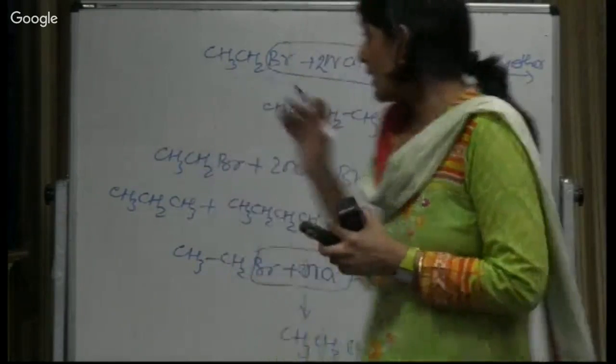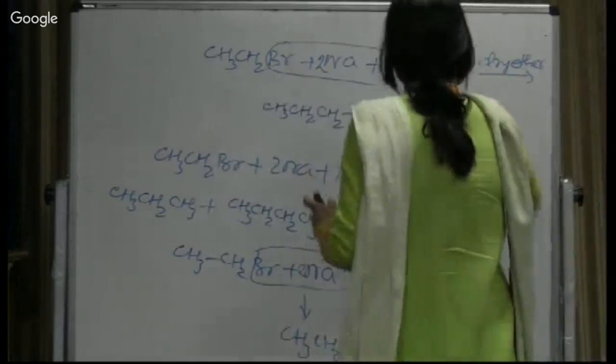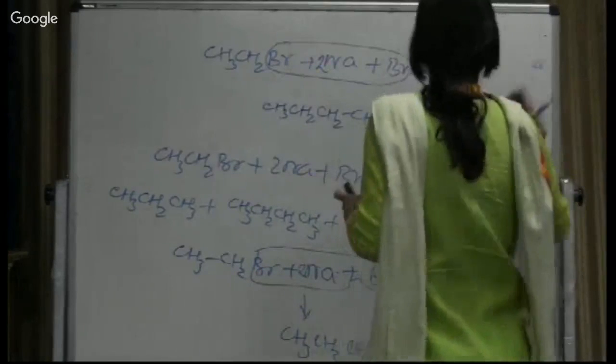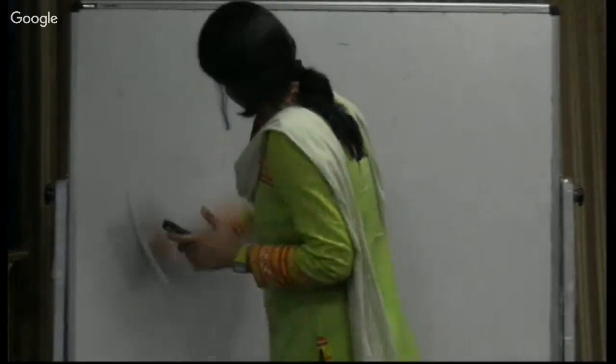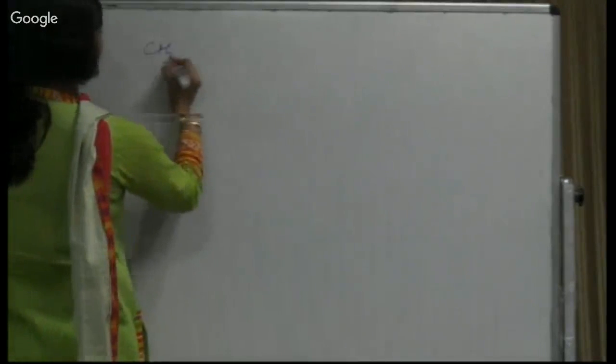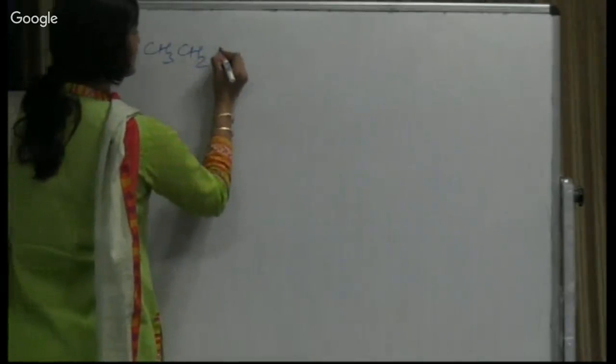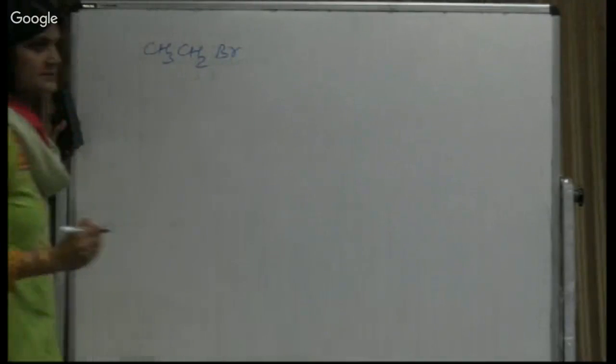So how does the reaction actually take place? The only thing you have to remember when you are doing a Corey-House synthesis is that you should start with a primary alkyl halide.